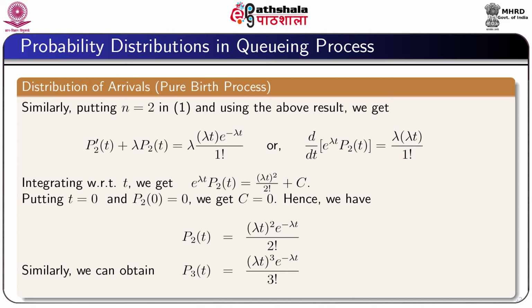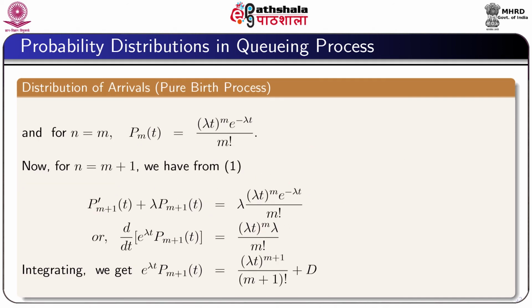Integrating with respect to t and using the condition P2(0) equal to 0, we finally get P2(t) equal to (λt) whole square into e to the power minus λt by factorial 2. Similarly, we can obtain P3(t) as e to the power minus λt into (λt) whole cube divided by factorial 3.